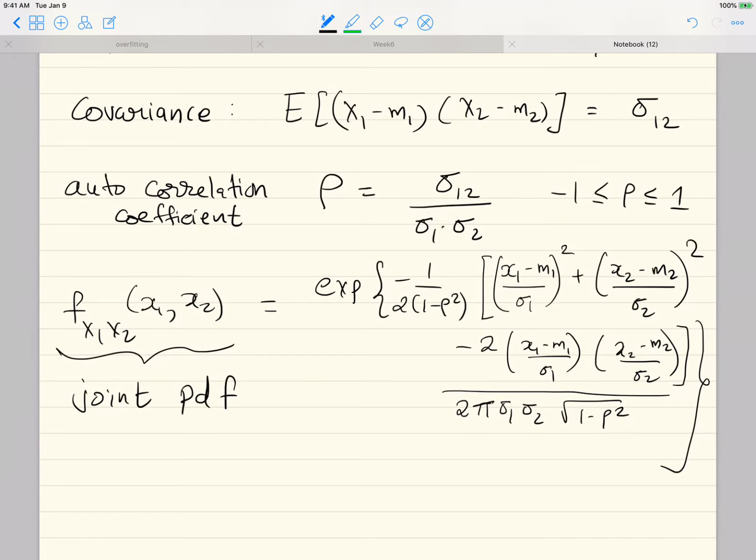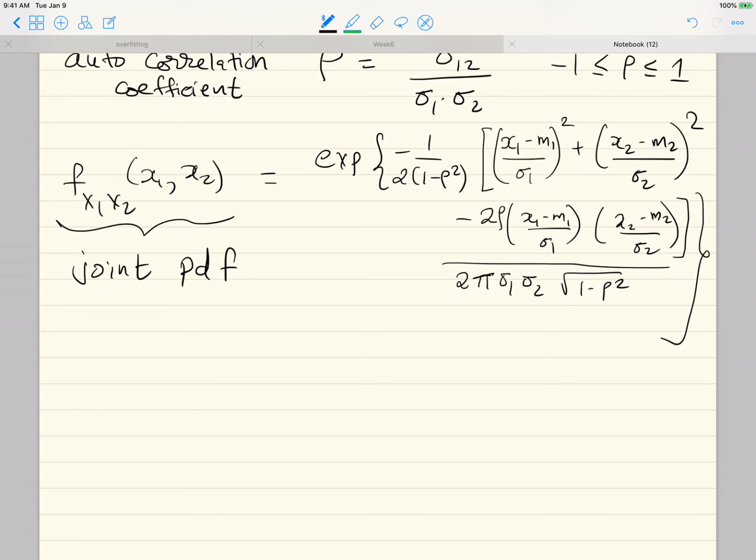The good news is you won't need to know these formulas in great detail in this lecture. Oh yeah, good point. Yes, there is a rho here. Okay. All right. So this is the joint PDF.